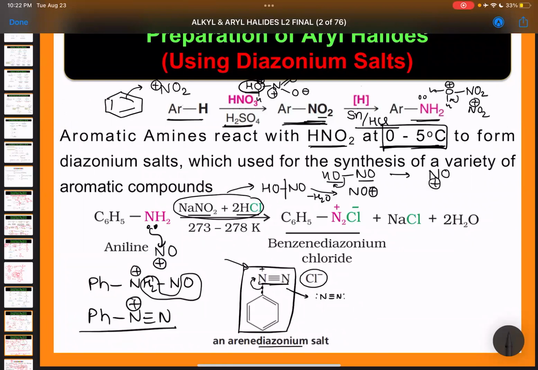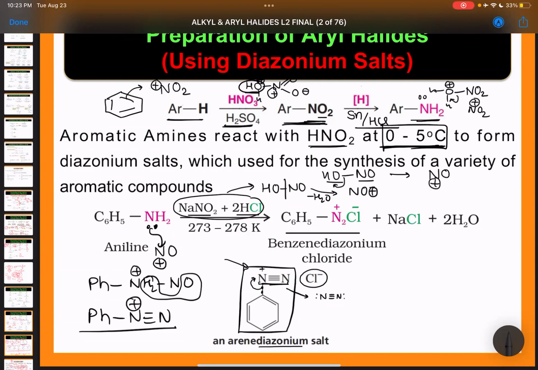The temperature for the preparation of diazonium salt is kept only between 0 to 5 degrees Celsius. Why? What's the reason? Kulsum, can you tell me? Can you explain the reason?